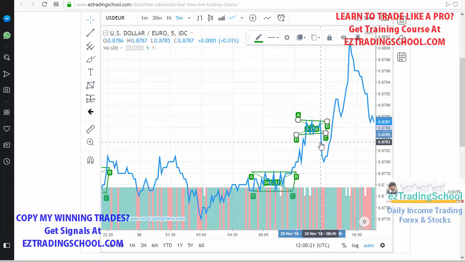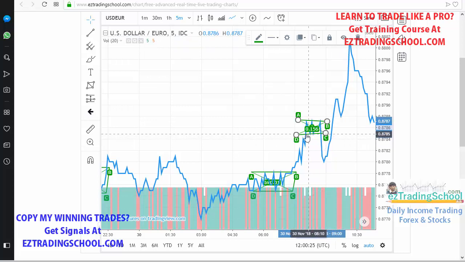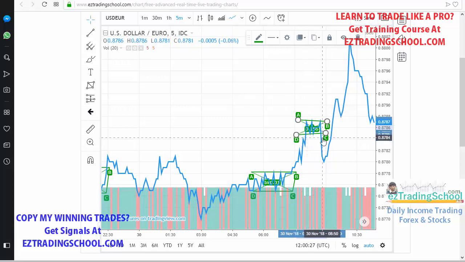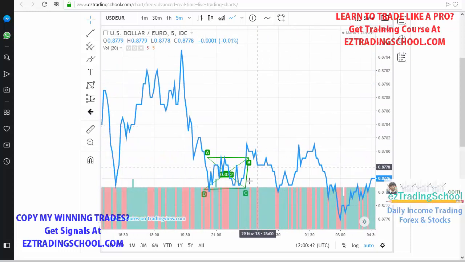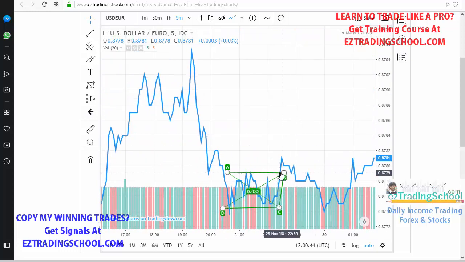So if you were watching this Forex price live, you would know that this is a breakout from the range, and at that time you want to go short and let it go short, and then when you see the reverse trend, you want to sell your trade and cash in the profit. If you look at this one here, the breakout happened over here.